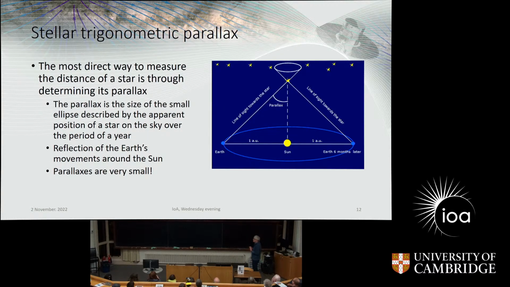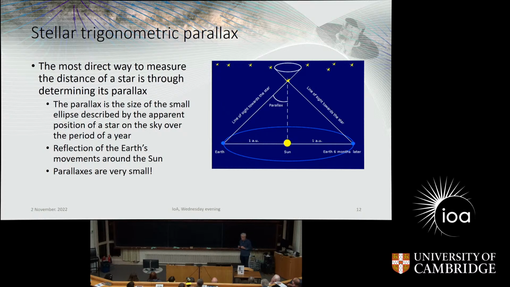For the distances, the best method to measure distances accurately is stellar parallax. That's the most direct way of measuring a stellar distance. What do we do there? Well, we do a bit of trigonometry. We use as baseline the orbit of the Earth around the Sun, which is a mere 300 million kilometers.